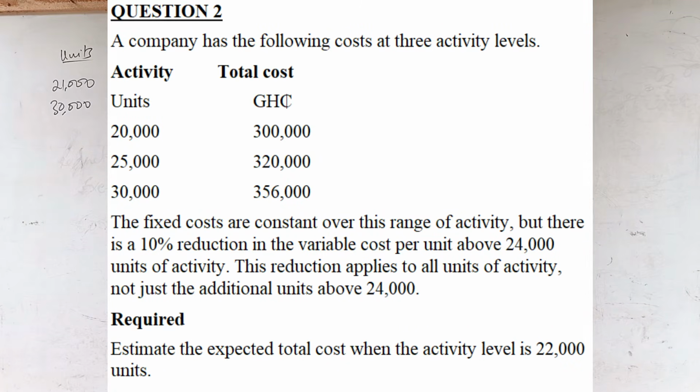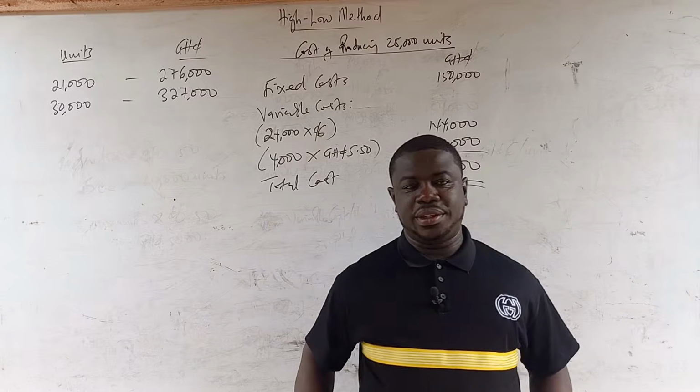The fixed costs are constant over this range of activity, but there is a 10% reduction in the variable cost per unit above 24,000 units of activity. This reduction applies to all units of activity, not just the additional units above 24,000 units. Required: estimate the expected total cost when the activity level is 22,000 units.